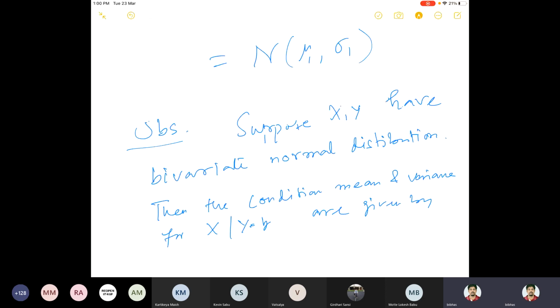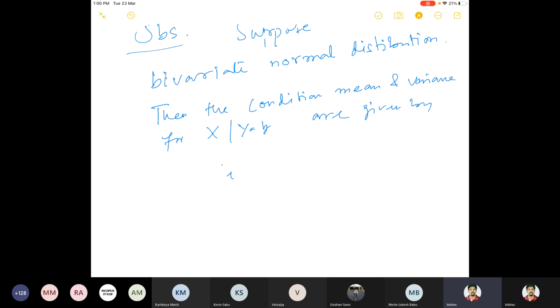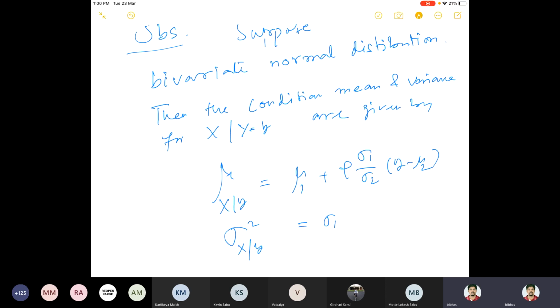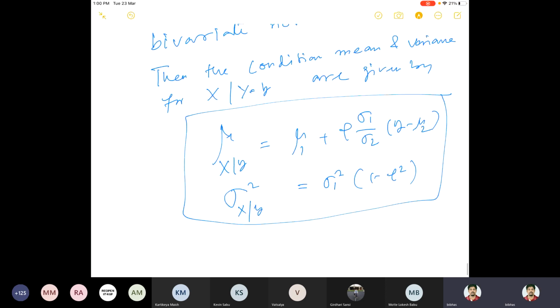This is the standard formula: mu of x given y is mu1 plus rho sigma 1 by sigma 2 times y minus mu2, and the variance sigma square of x given y is sigma 1 square times 1 minus rho square. So this is for x given y.